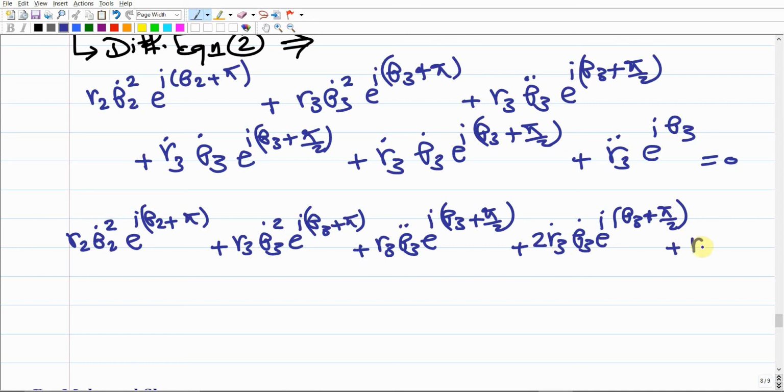And we do have the last term, which is R3 double dot e^(i theta 3) equals 0. So this gives us the acceleration equation, or the loop closure equation for the acceleration.